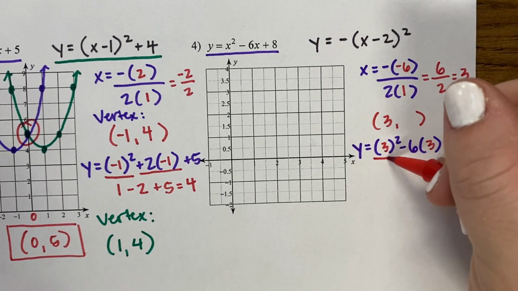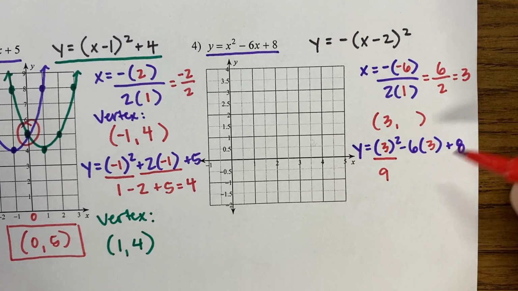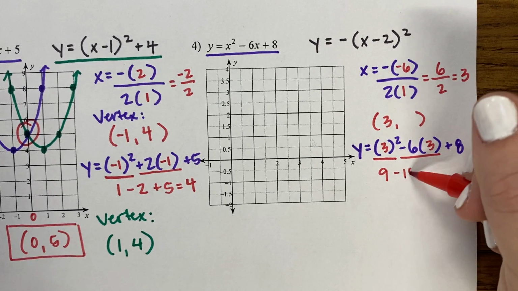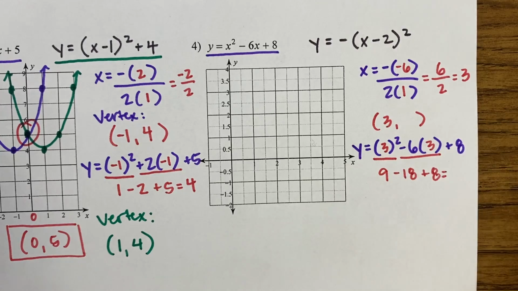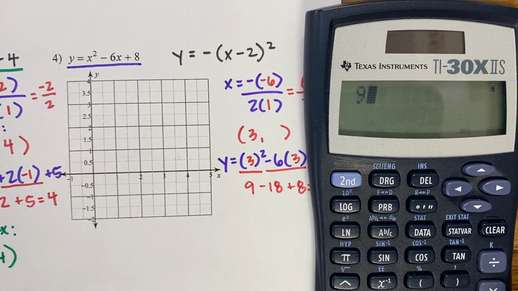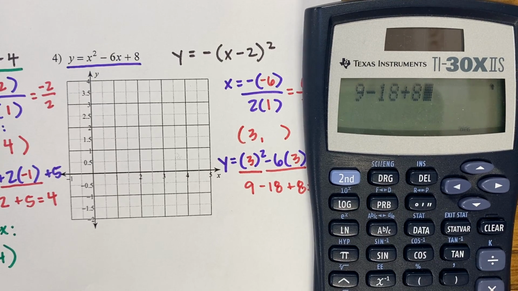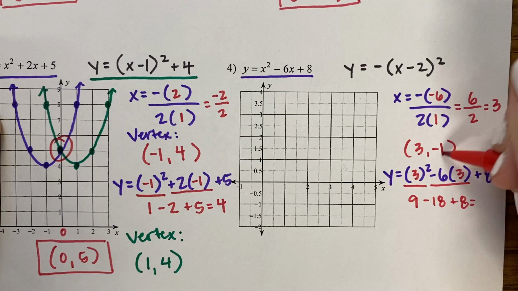Okay, so now I can go ahead and solve it. 3 squared, or 3 times 3, is 9. Negative 6 times positive 3 is negative 18. And plus 8. Now I can just put this all in my calculator. I get 9 minus 18 plus 8, and I get negative 1 for my y part.